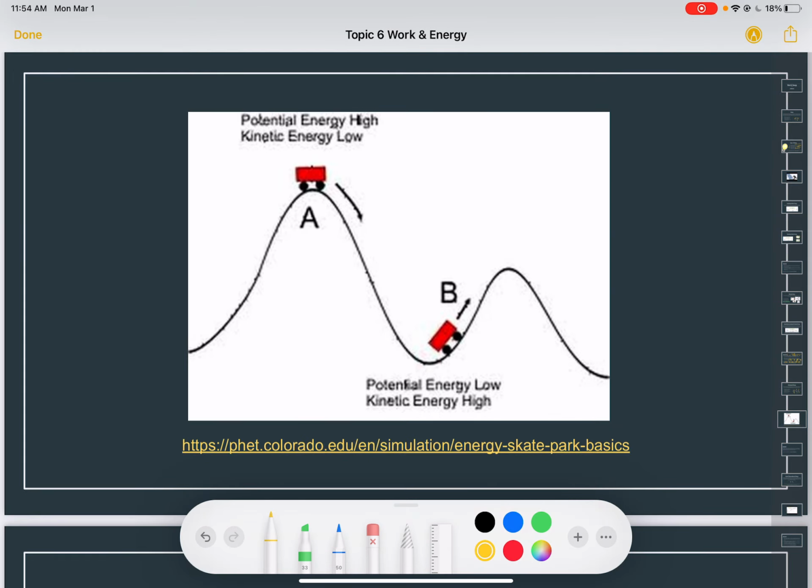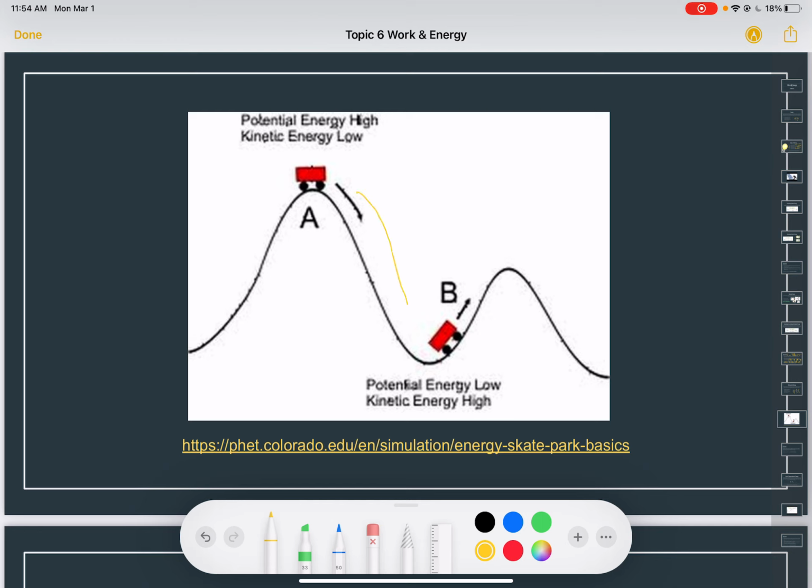And this makes sense when we look at this picture where our potential energy at the very top of the hill at A is really, really high, because we are right at the point where we are going to possibly drop. And our kinetic energy is low, because when you're at the top of that curve, you're not really moving very fast. As the cart goes down the hill, then its kinetic energy will start to go up, right?